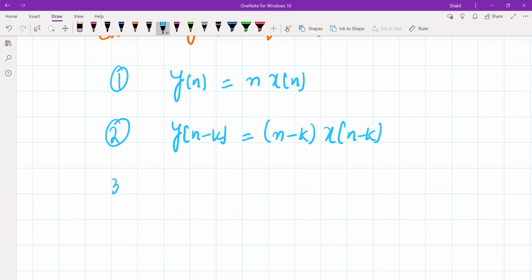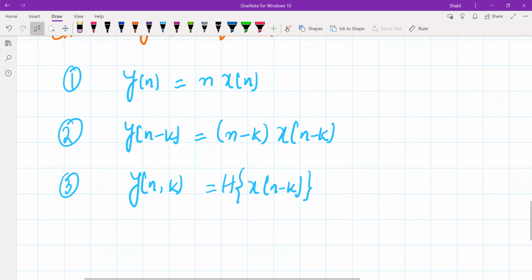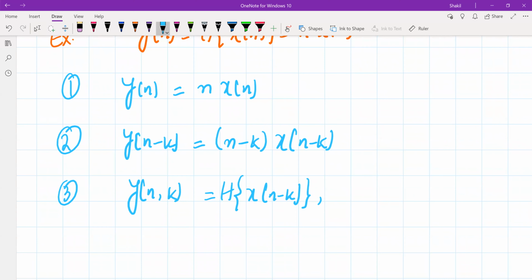Now, in the third step, we apply the input. Means the input to the system is now delayed or shifted, and we check the output, and let's call it y of n comma k. Now, having a look at this, remember, the time index is n, not k. So whatever is the input, we multiply that by the time instant.